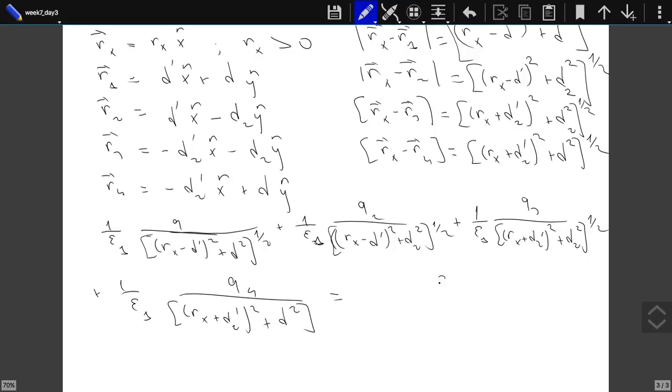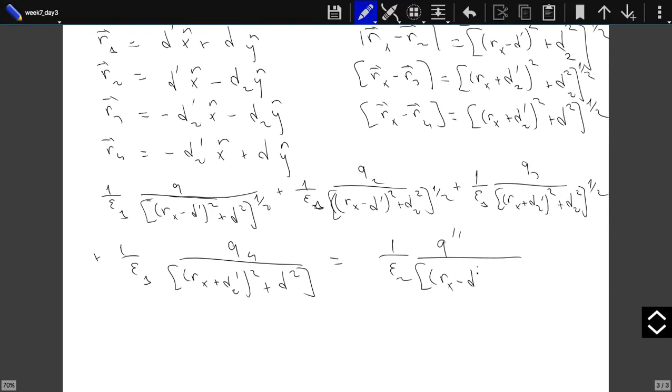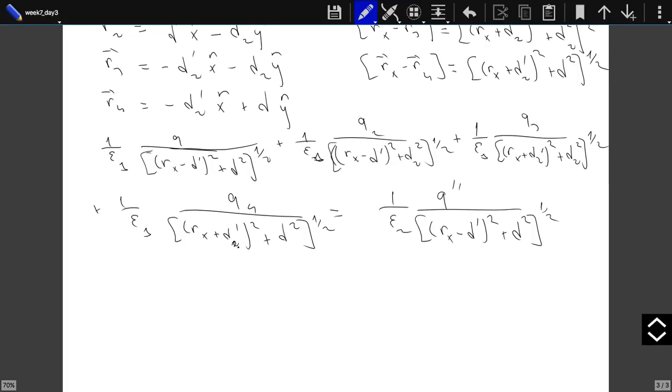This should be equal to 1 over epsilon 2, Q double prime over Rx minus D prime squared plus D squared. And this should be true for all Rx larger than 0.